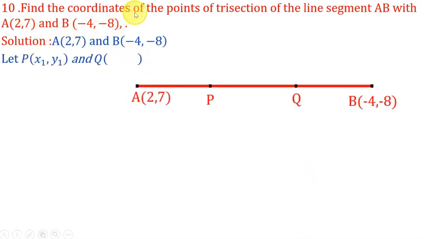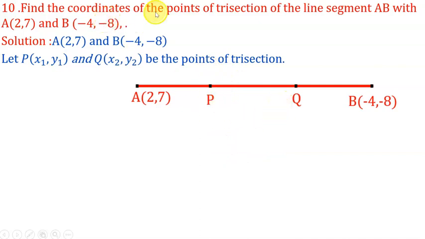Find the coordinates of the points of trisection of line segment AB with A is (2, 7) and B is (-4, -8). That is, if we join the points A and B, then you will get a segment AB. याचे 3 parts करणारे points कोणकोणते तर P आणि Q आहे.